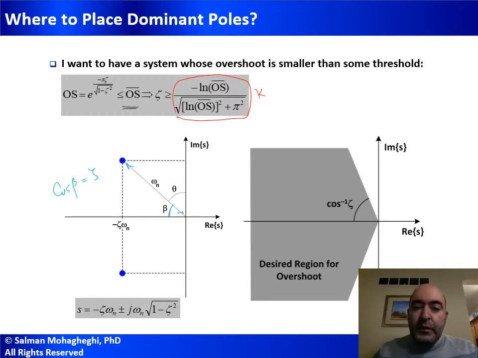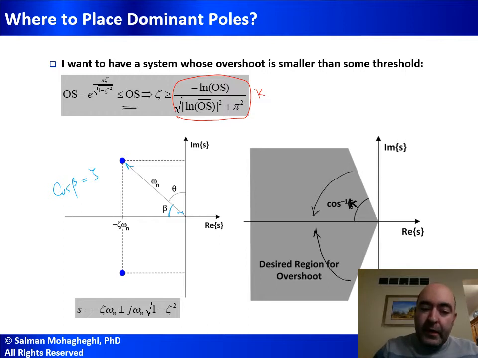So if I want my damping ratio to be greater than that number k, that means I'm looking for angles whose cosine is going to be greater than that particular value of k. So here, let me replace this with k. So cosine inverse of k. The angles whose cosine is greater than k are going to be angles that go within this shaded region.